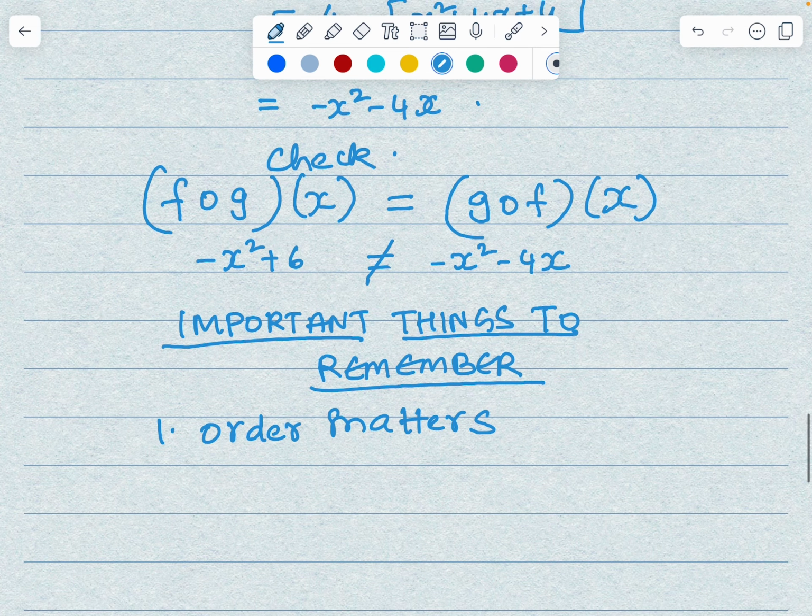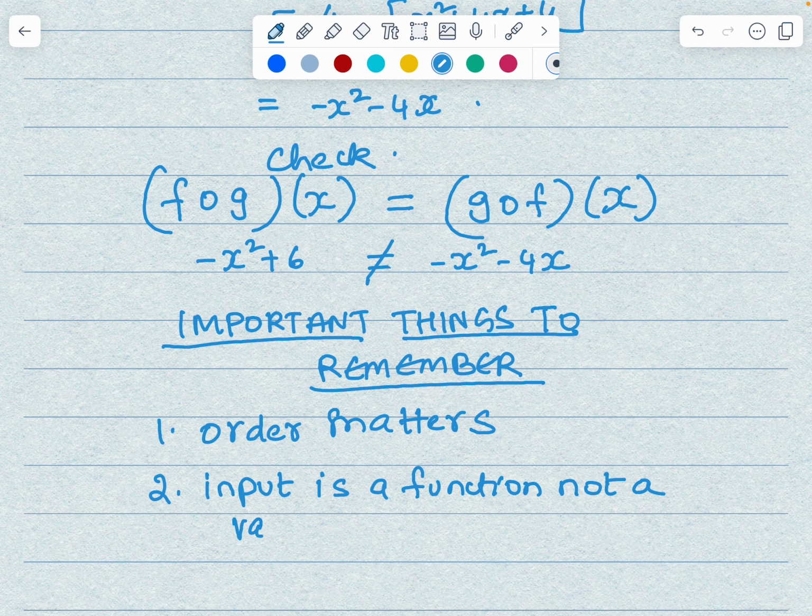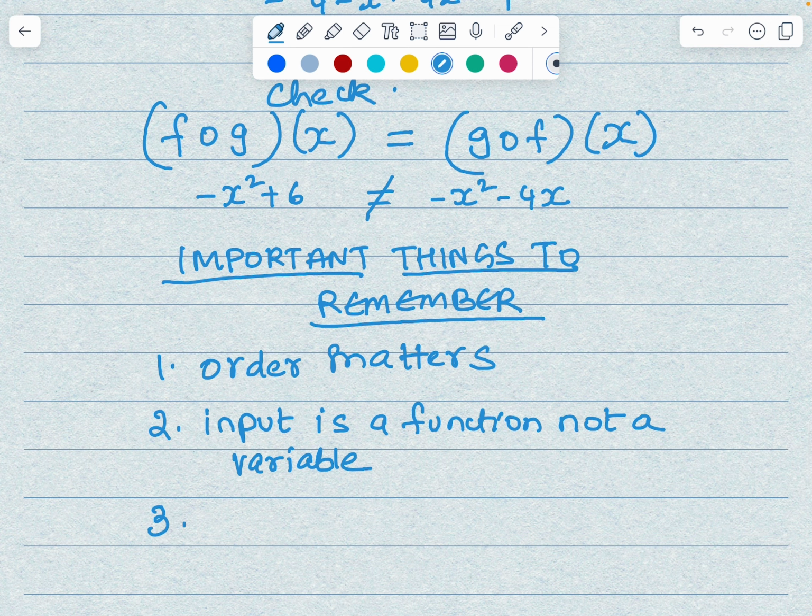Your input is a function and not a variable. And you go inside out. So you start with g of x and then you go outward to f of x.